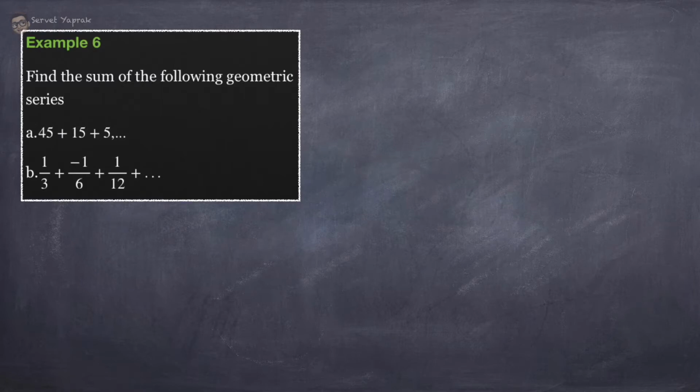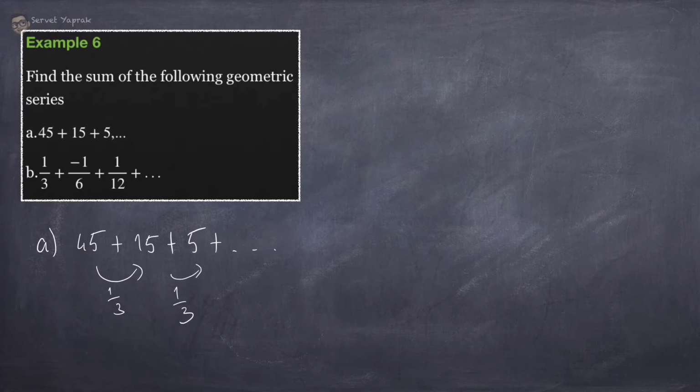Example, find the sum of the following geometric series. Part A, 45, 15, 5 and so on. So in part A, these are the terms of the geometric series. Since it is geometric, there has to be a common ratio. If you look at the terms 45 to 15, 15 to 5, we can see that our common ratio is 1/3.